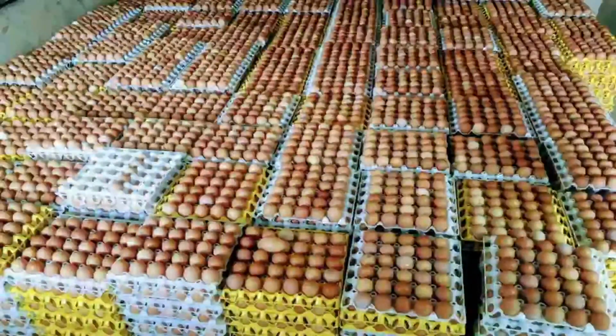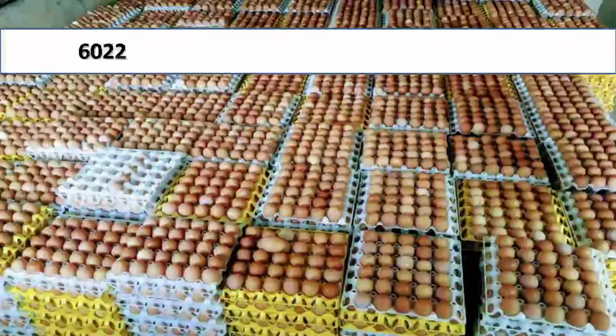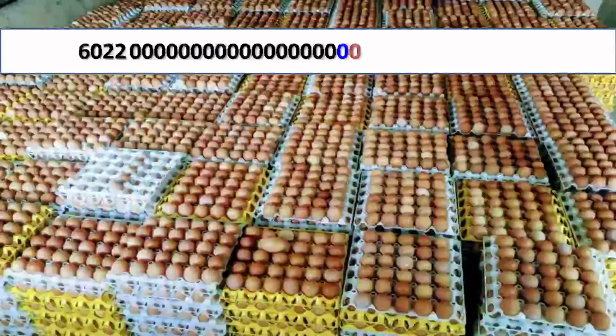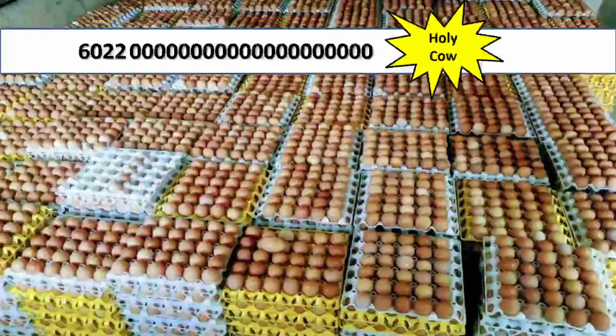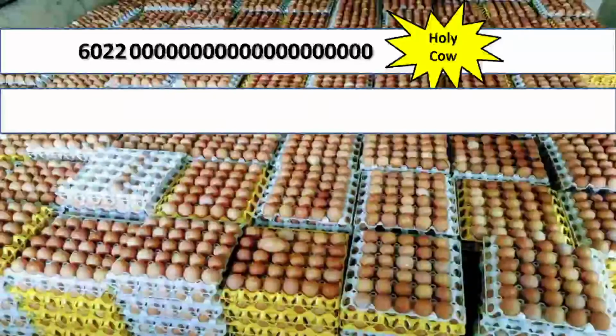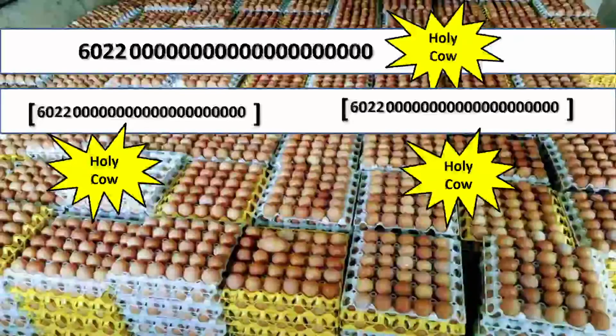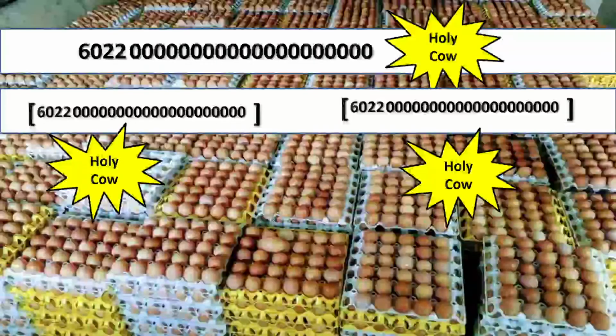Let us do one thing. We decide to call a bunch of 6022 followed by 20 zeros number of eggs together as a holy cow of eggs. Now, if we have 2 sets of 6022 followed by 20 zeros number of eggs, then we will have 2 holy cow of eggs, right?